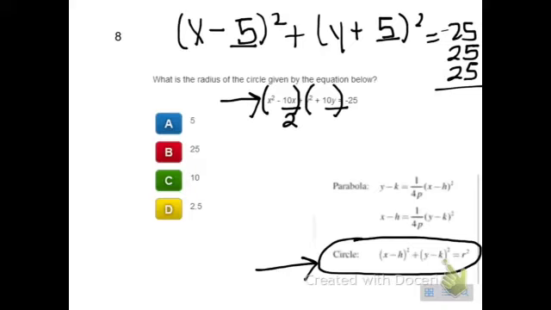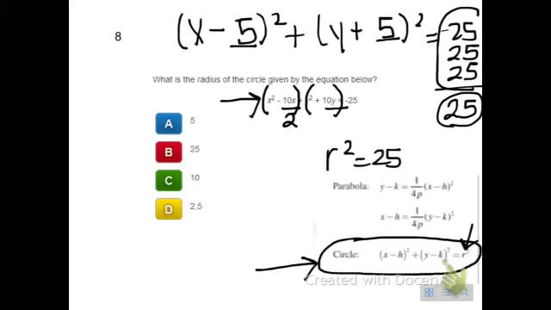If I combine all these numbers, negative 25 and positive 25 and positive 25 equal positive 25. And that equals your radius squared. So if the radius squared equals 25, to find the radius, you just need to take the square root of both sides. So that tells me that the radius has to equal 5.